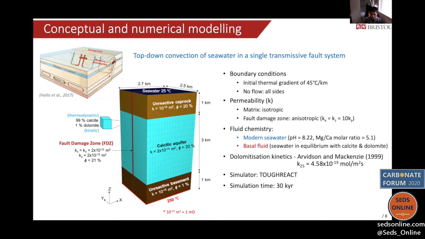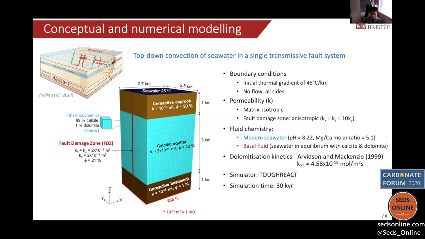But for our study, a very simple numerical model is constructed to test the concept of dolomitization by top-down convection of seawater in a single transmissive fault system. The permeable fault damage zone, hereafter called FDZ, is displayed in red.